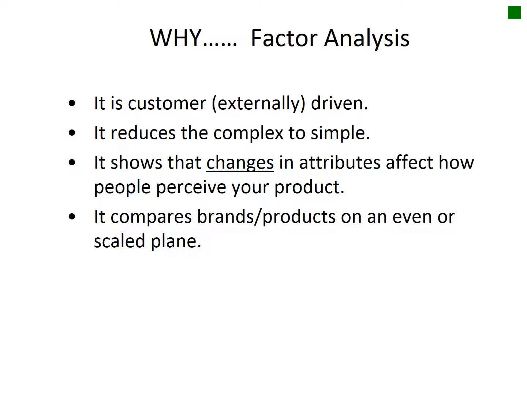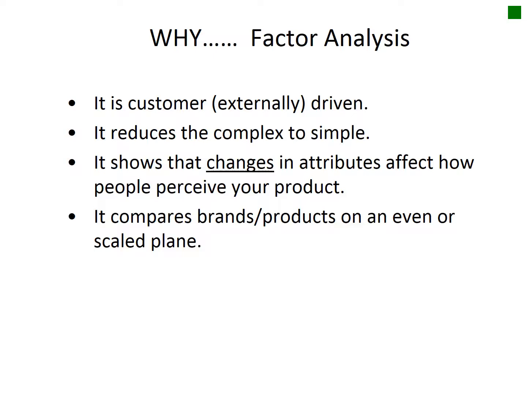How much more fashion do I need to build into my product to actually move it on the perceptual map to fulfill some type of strategy that I'm looking to fulfill. So that's a big thing, and it's a good thing to be able to draw this from the consumer's perspective, which factor analysis allows us to do.